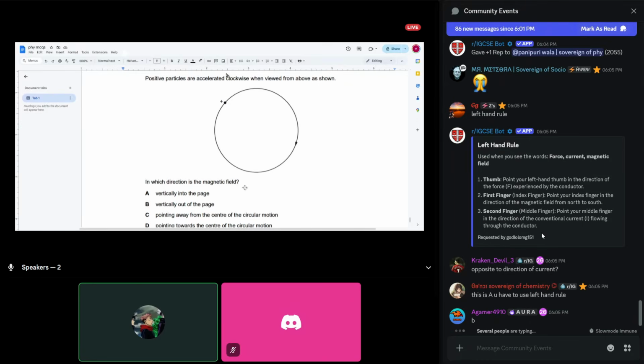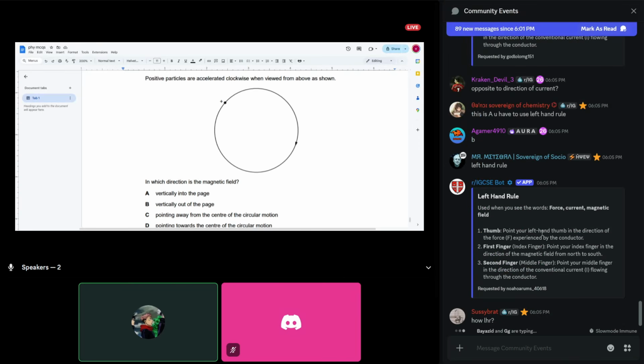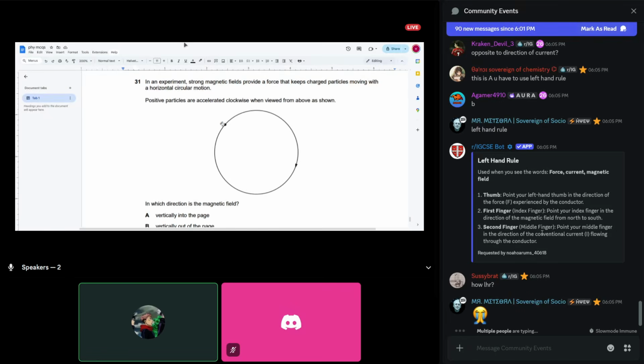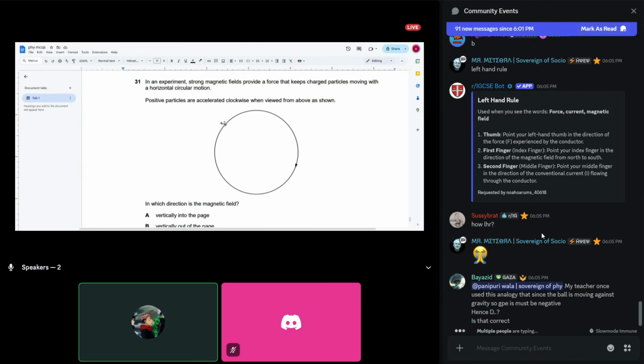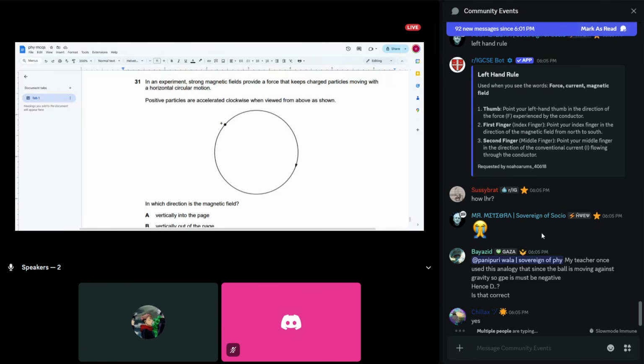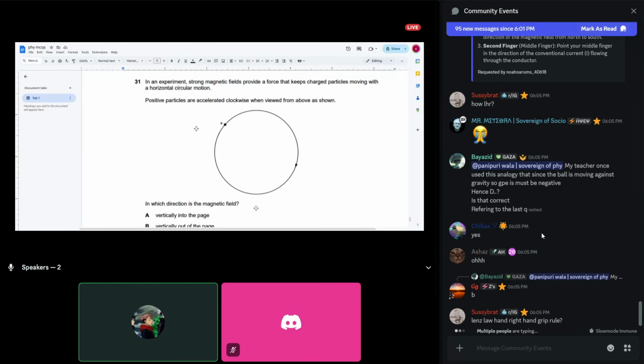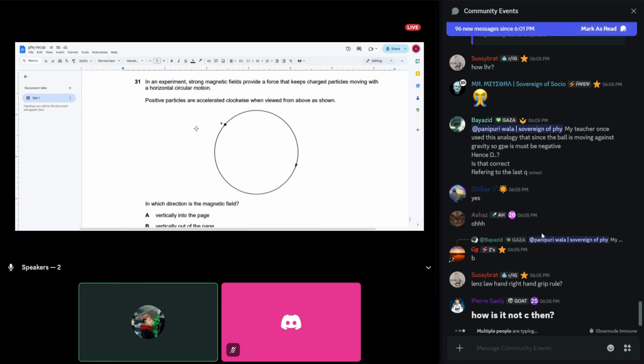Now we know that it's circular motion, right? Meaning there is a centripetal force. There's a force acting inward. No, you do not use the left hand rule on the basic one, because as you just said, force is this way and current is also this way, which is why it's wrong. Force is actually acting inward, toward the center, because of centripetal force. So put your hand in: thumb inward for force, then magnetic field, current.